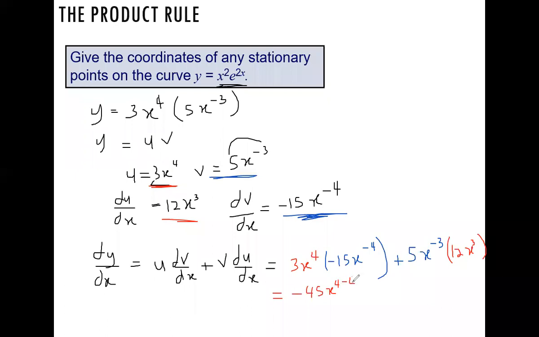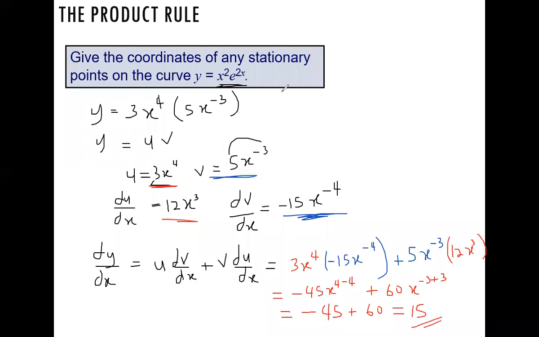Then this is 5 times 12, which gives us 60. Okay, and then once again we have x raised to the power negative 3, times x raised to the power plus 3 here, okay. So this is going to give us minus 45, okay, plus 60, which will be equal to 15, okay, good.